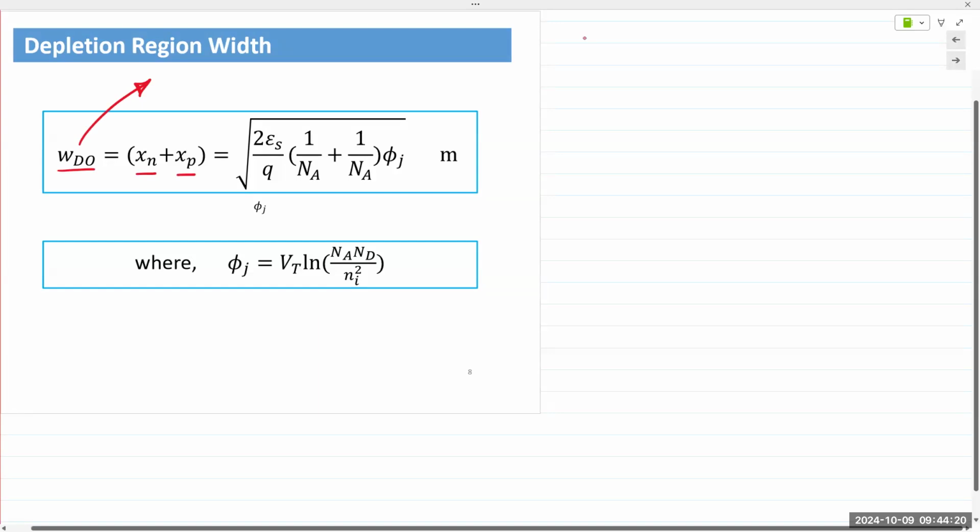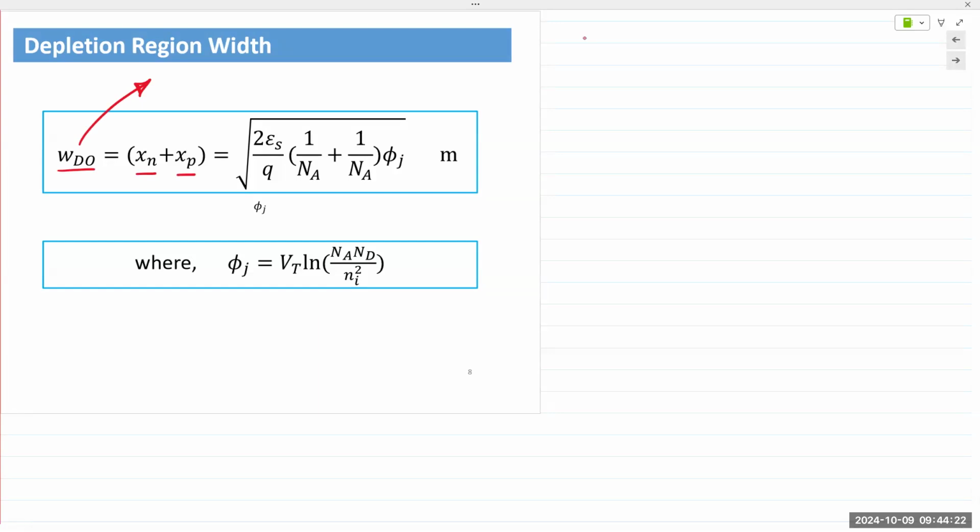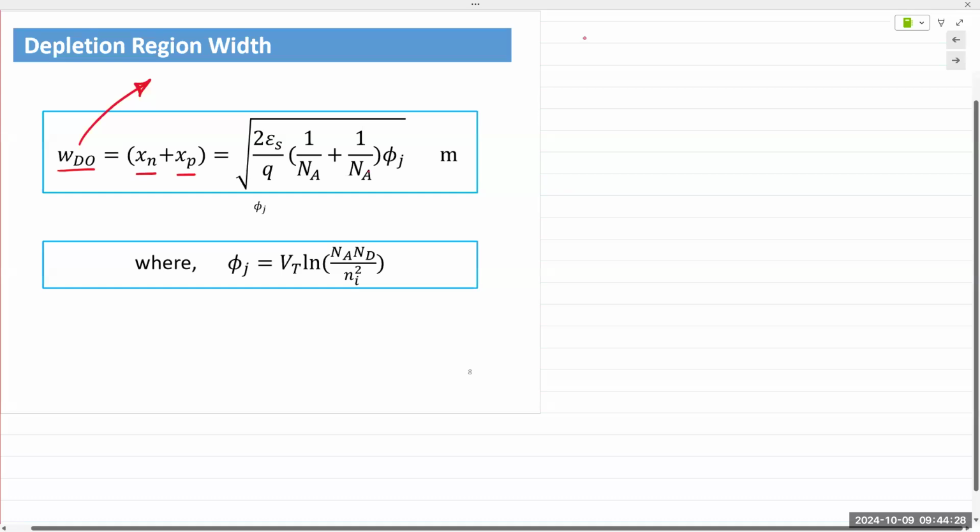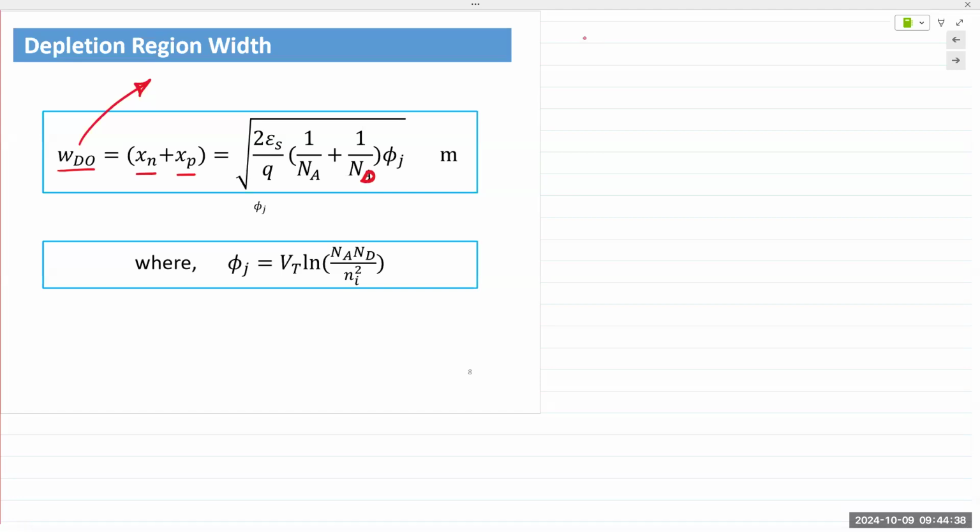Na is the number of acceptor atoms, and this should be Nd. That's a typo I need to fix. Nd. Number of acceptor atoms, number of donor atoms.